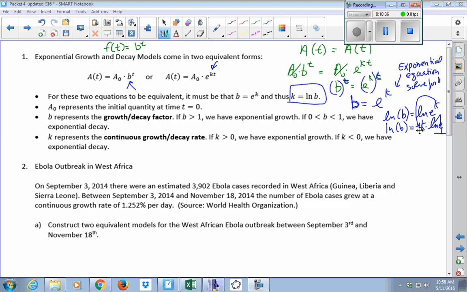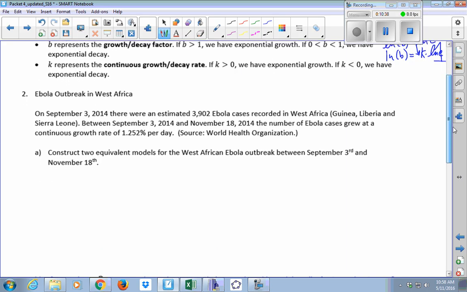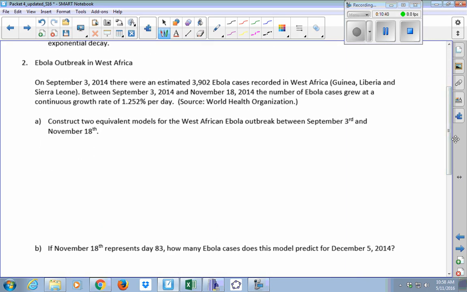So let's take a look at a real example here. I put this into the lecture with the Ebola outbreak that happened in West Africa. And in 2014, in early September, this was the estimated number of Ebola cases.